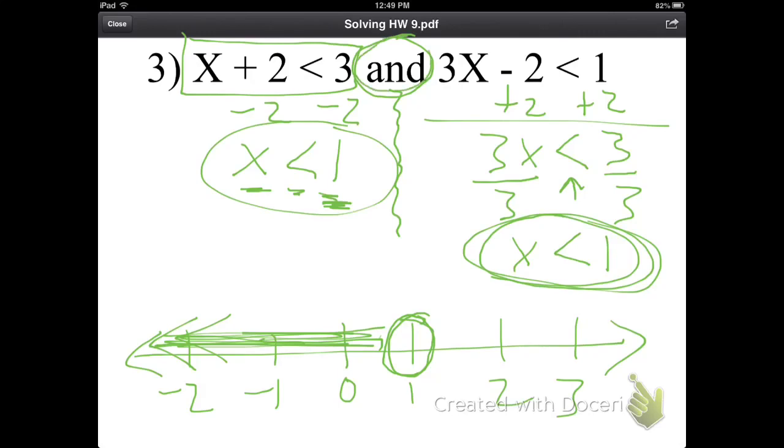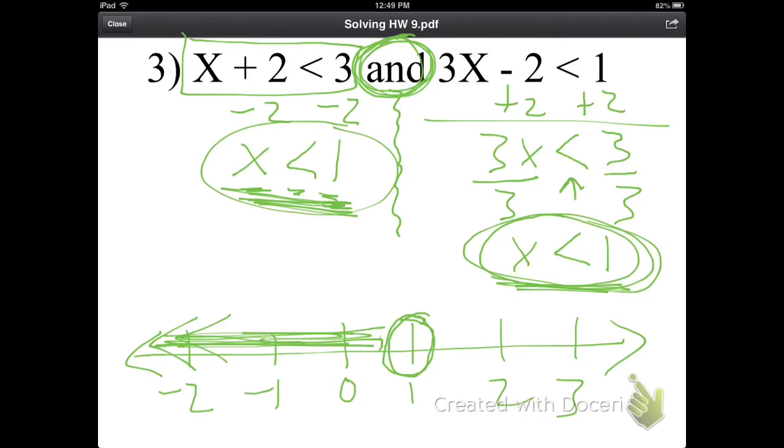Because when we have an AND compound inequality, your solution is anywhere it got shaded twice. So we shaded everything left of 1 once with our left solution, and we shaded everything left again with our right solution. So everything smaller than 1 got shaded twice.